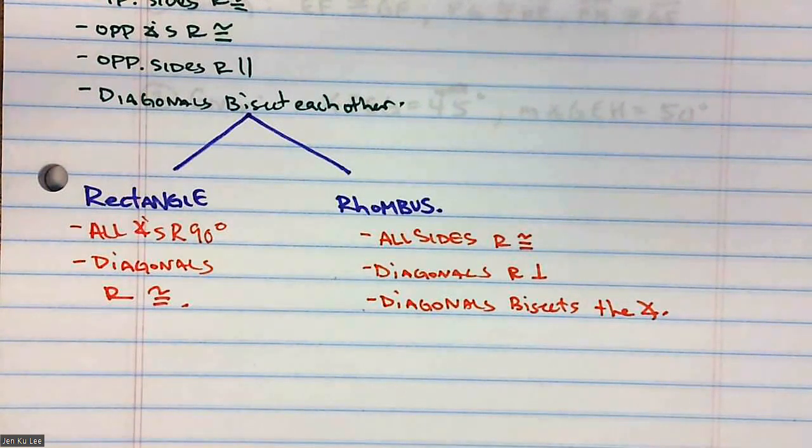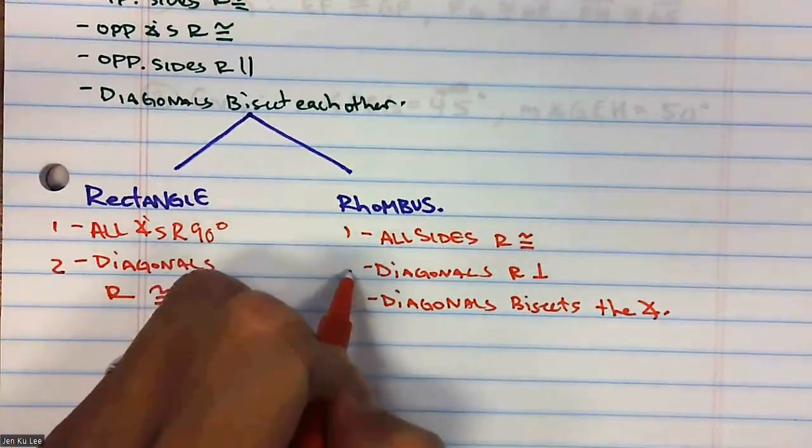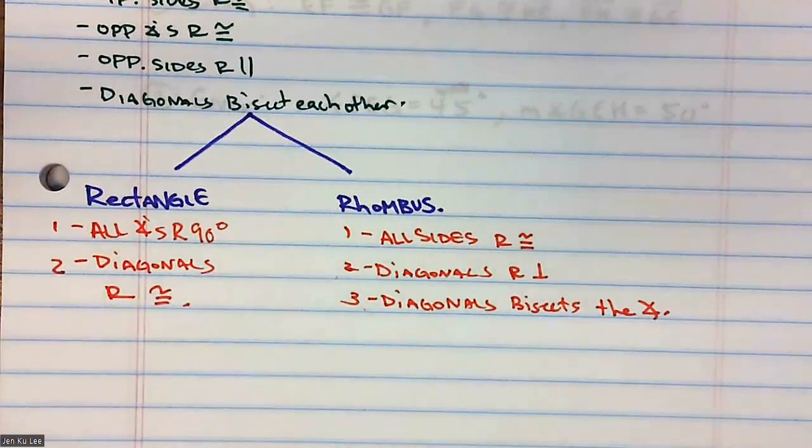All right, so that's the special characteristics of a rectangle and of a rhombus, correct? Okay.